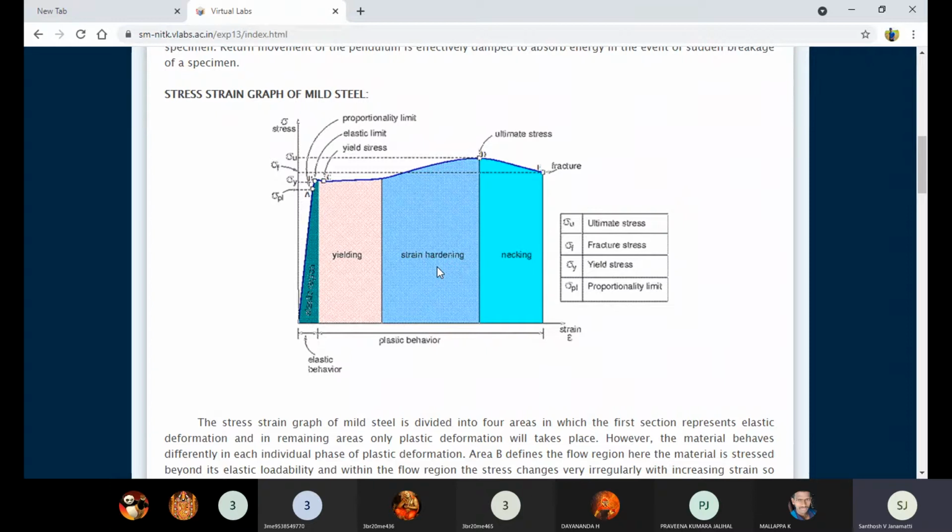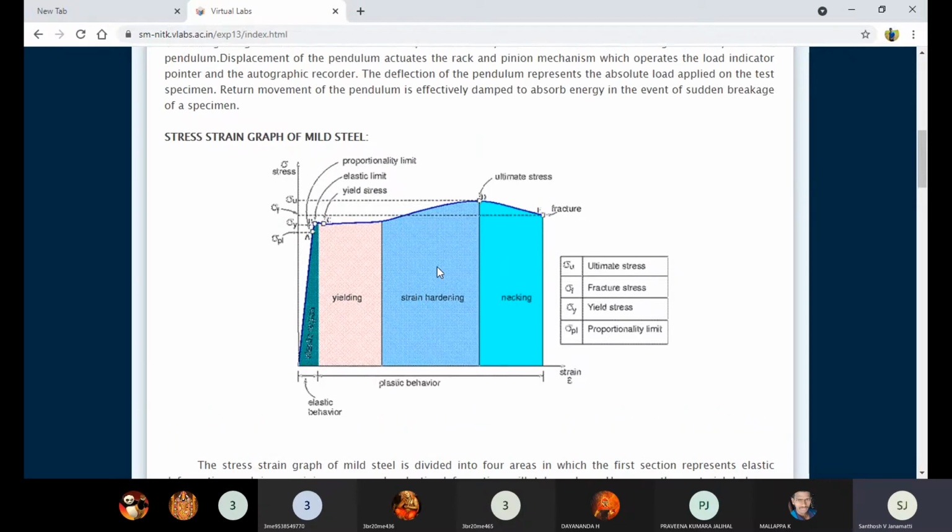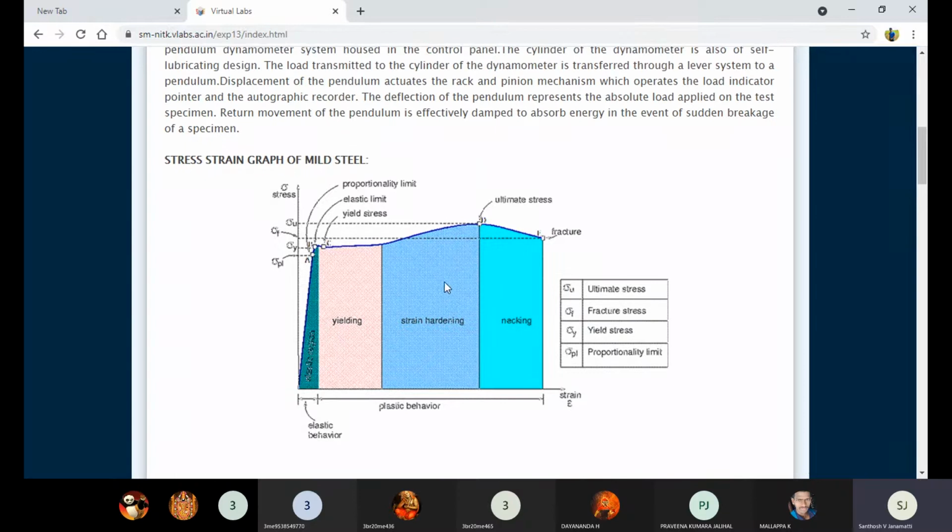All these things we can understand through the tensile test. Most of the times we are using the mild steel material only, because we can understand all these salient features.